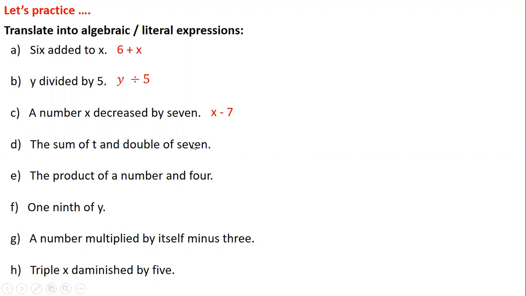What do we mean by double of 7? Times 2. Bravo. So we write t plus 2 times 7. Now 2 times 7 is how much? 14. Bravo. It's equal to t plus 14. Thank you, Angelina.